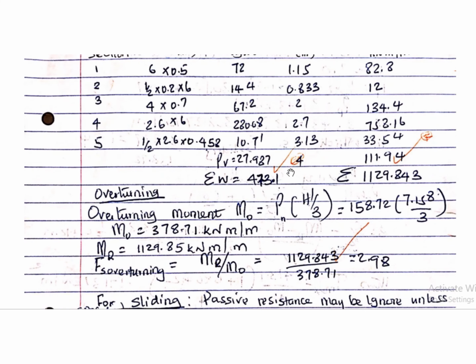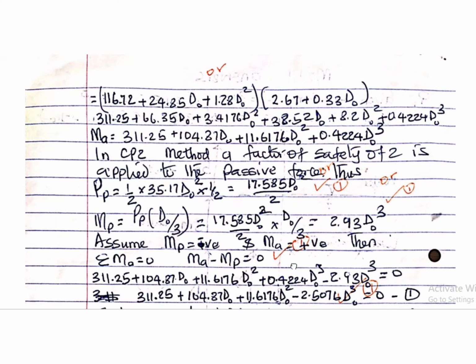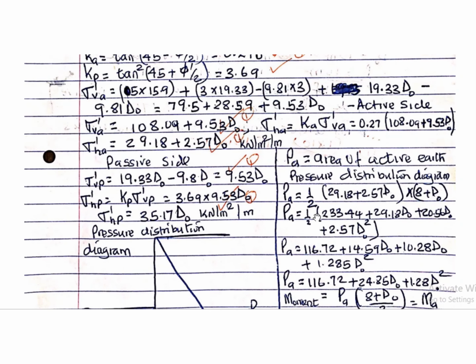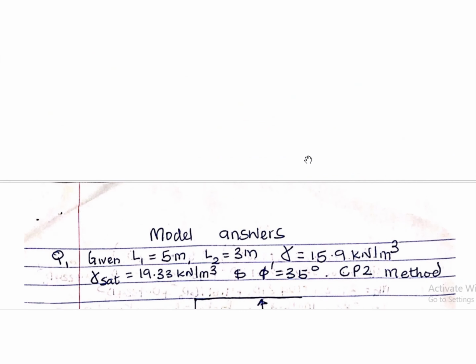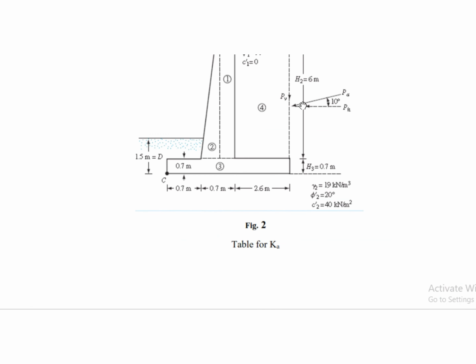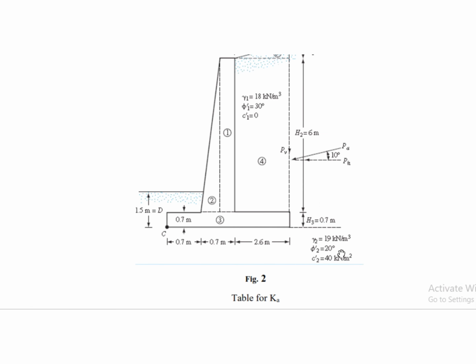So also note that the c and phi values used here, if the properties of the soil are different, are the c and phi values of the foundation rather than the embankment soil. You can see the c and phi values of the foundation and of the embankment soil are different.